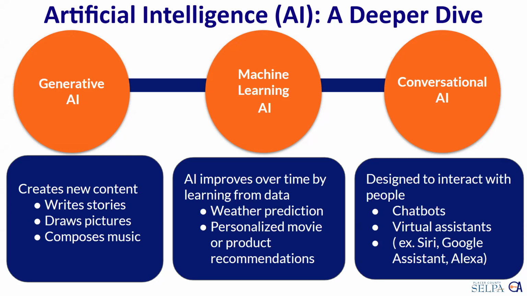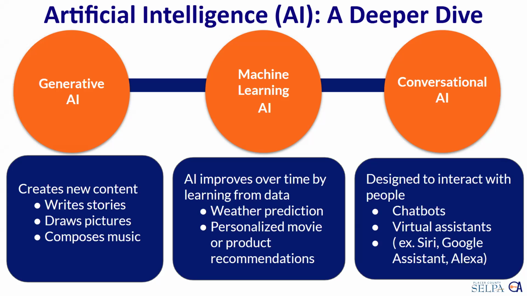So what is AI? At its simplest, artificial intelligence is technology that enables computers to perform tasks that traditionally required human input. AI systems can adapt, generate content, and make predictions. On the visual, we have a few types of AI that we're hearing a lot about today.